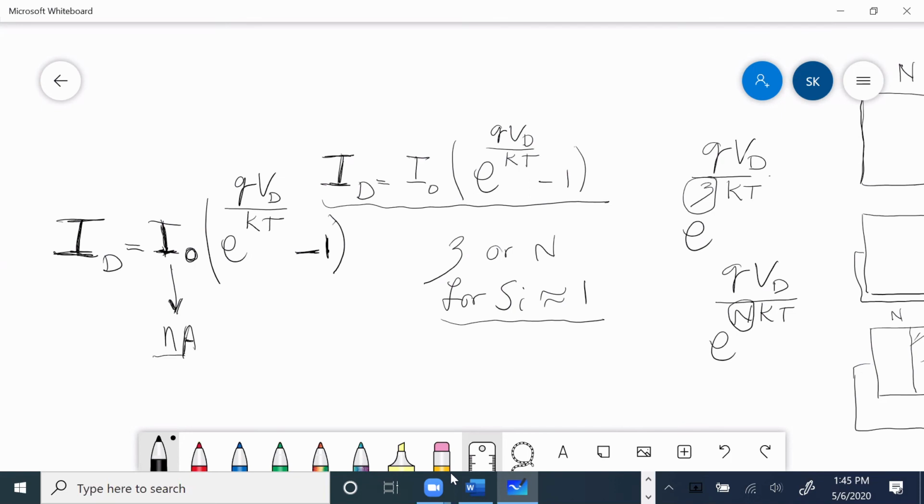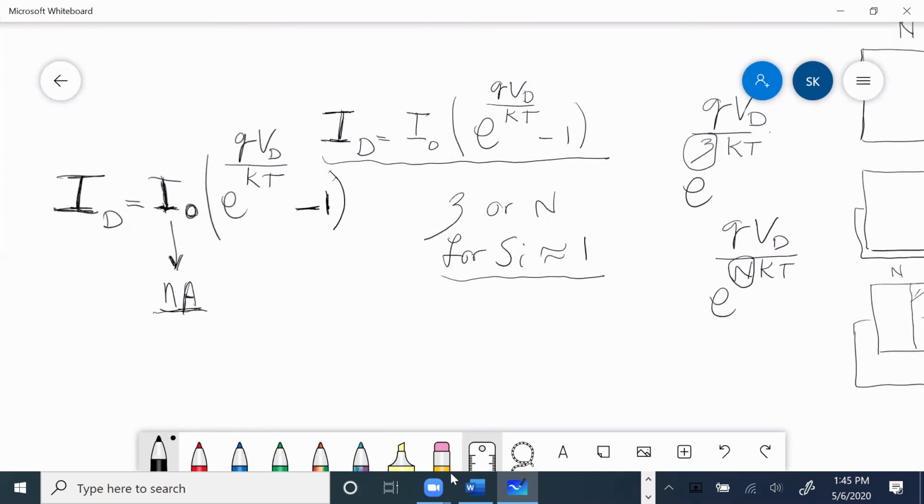However, it doesn't change much, so we can take it as a constant. So I can write I equals a constant times an exponential term, which is Q VD over KT minus 1.